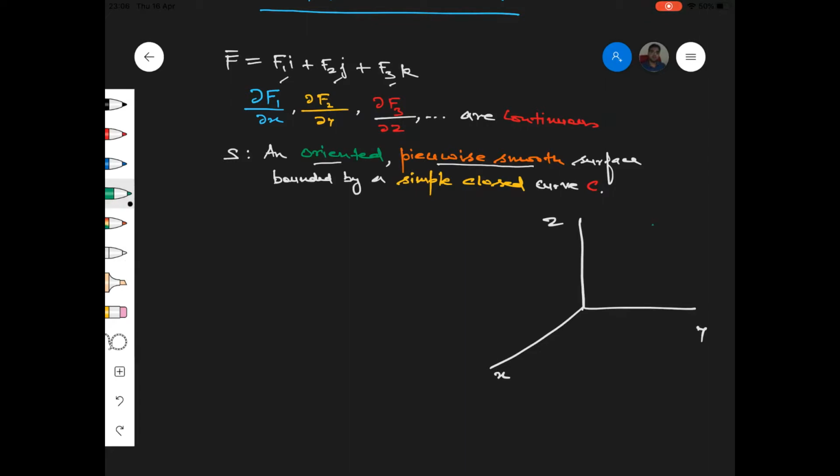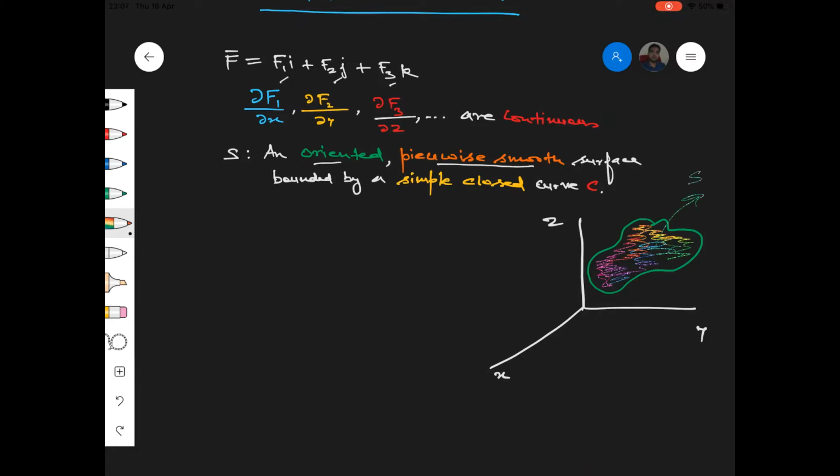We have a surface like this, which is in general in space, and what we need for this surface is that it has to be piecewise smooth.